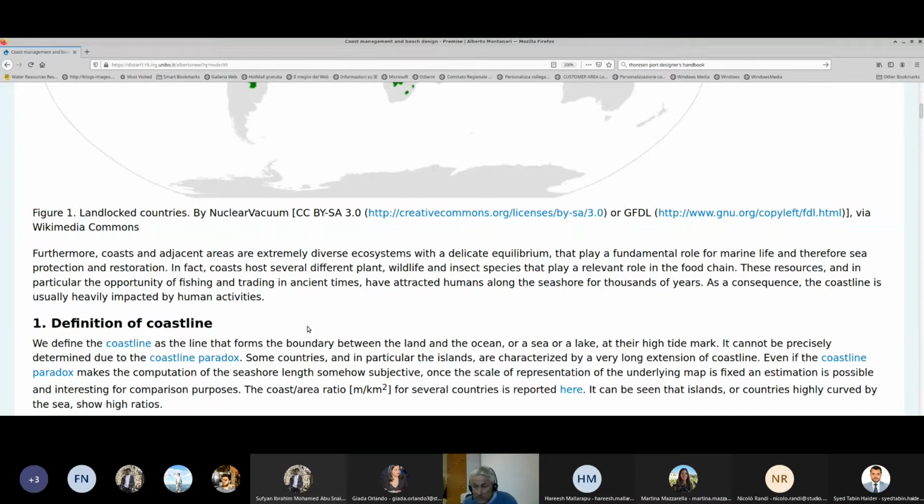So the equilibrium is very delicate, and at the same time, it's an equilibrium that is extremely important for the food chain. So it means that we have to pay real attention. There are some other environments which are more robust. The coast is a very delicate equilibrium.